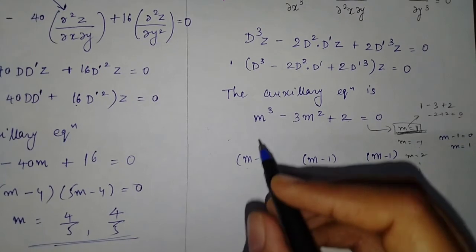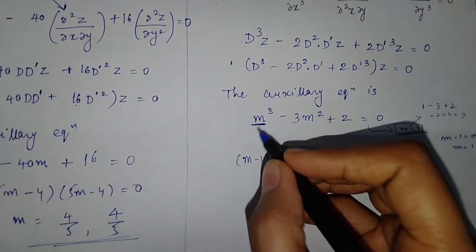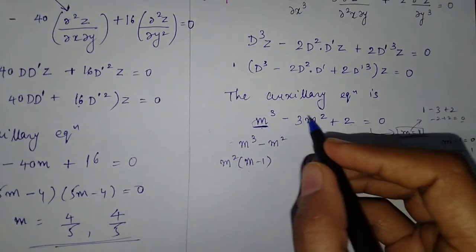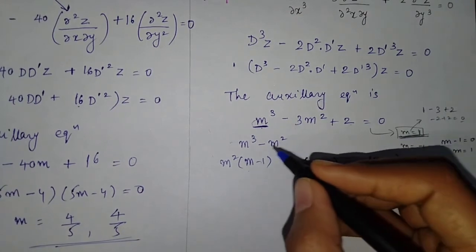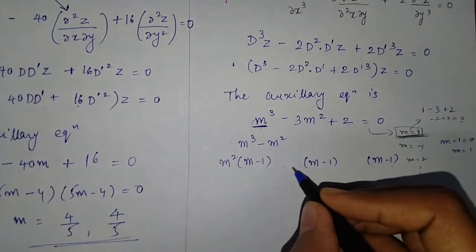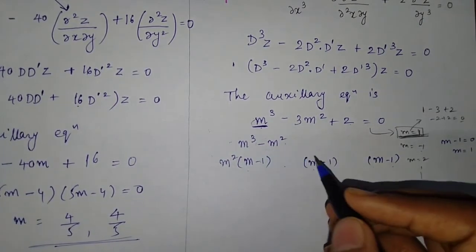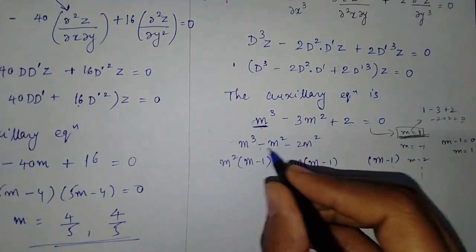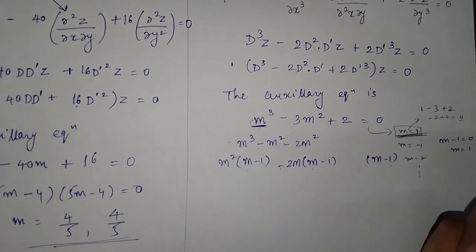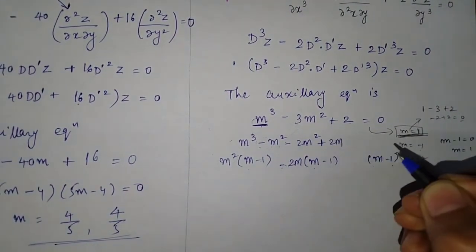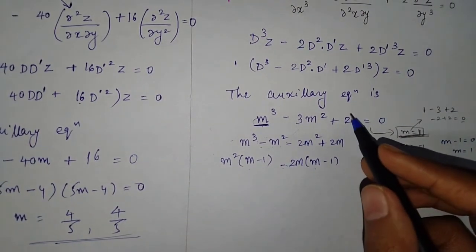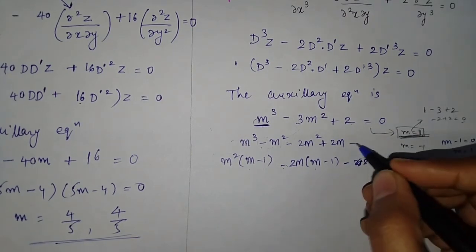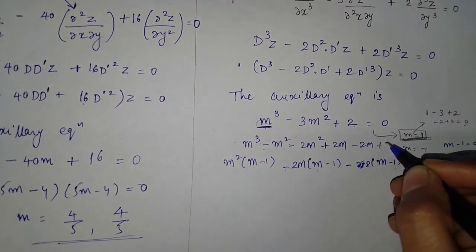Now here I want m cube. The first term is m cube, so I multiply by m square, and I will get m cube minus m square. Here we have minus 3m square, so multiplying by minus 2m gives minus m square minus 2m square, that is equal to minus 3m square. This term will be plus 2m, but we want 2 here, so if I multiply by 2, then 2m and minus 2m will get cancelled, and here I will get 2, which I want.